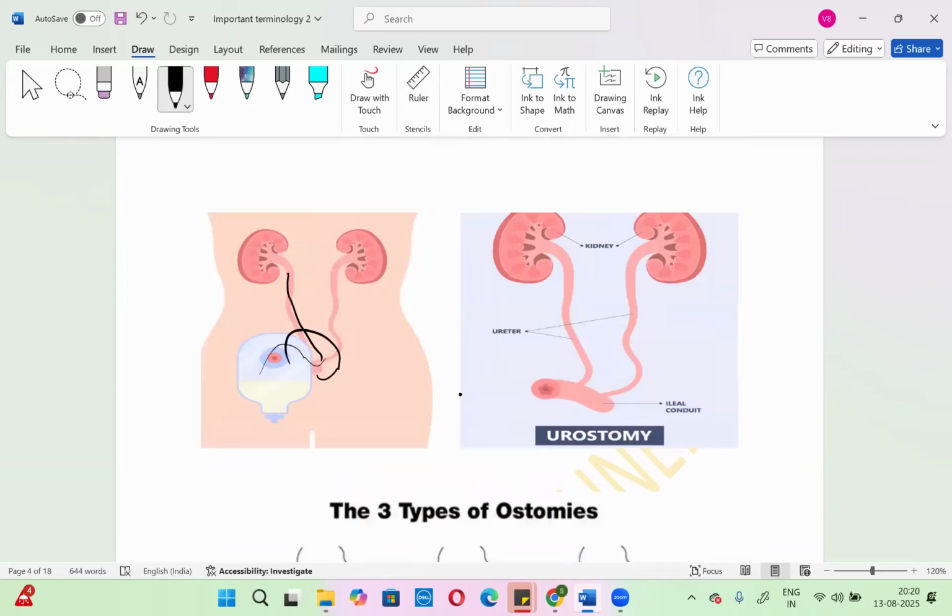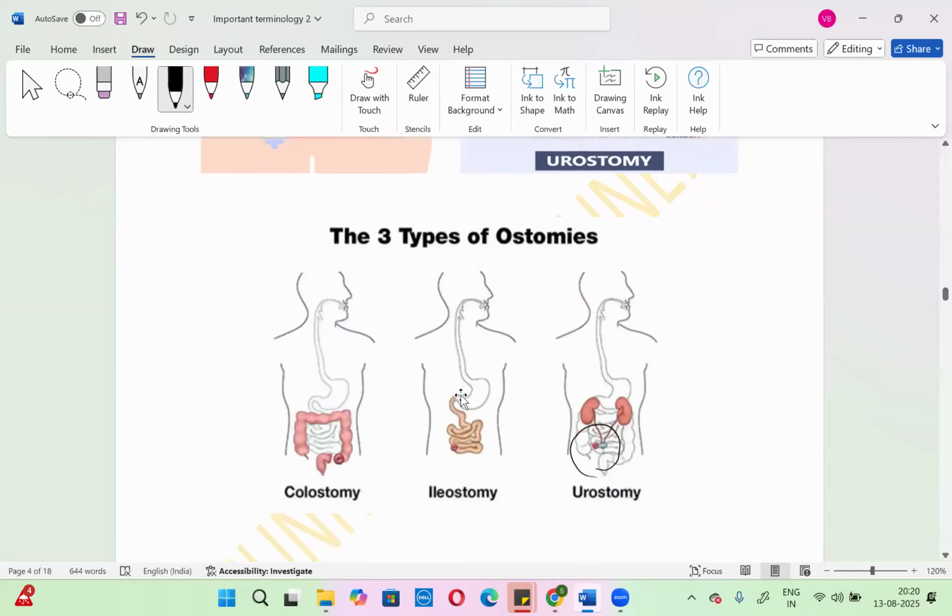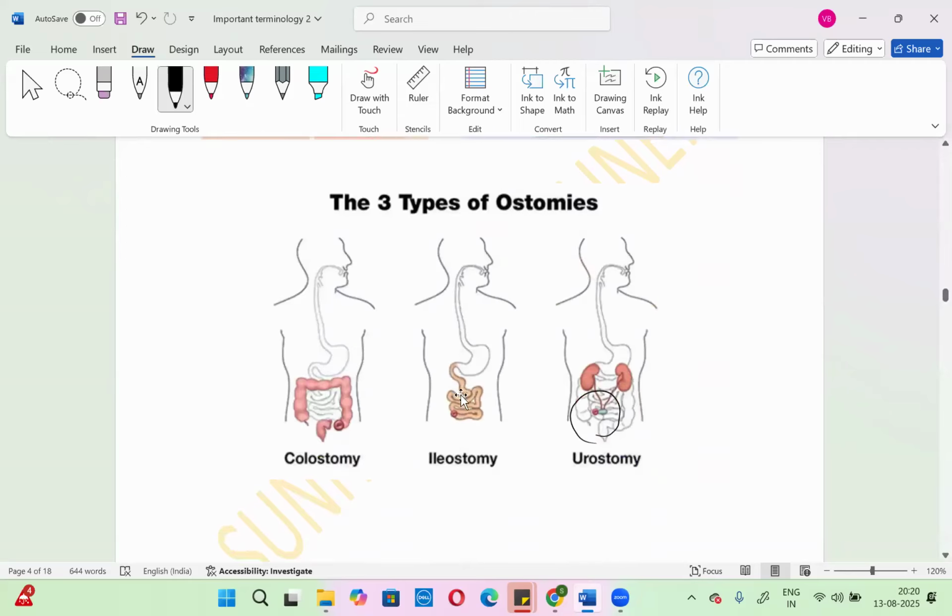So they will create an opening outside of the body and fix it with some Foley catheters. Okay, so they are creating an opening outside, which is nothing but ostomy. The most common types of ostomies we can see are colostomy, ileostomy and urostomy. Now what is ostomy? Nothing but the opening.